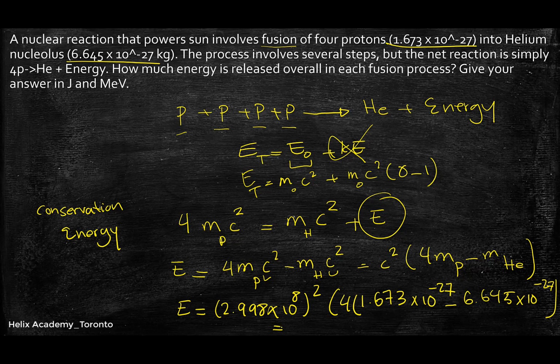If I punch the numbers into the calculator, I will get 4.22 times 10 to the power of negative 12 joules. That's how much energy is being released.